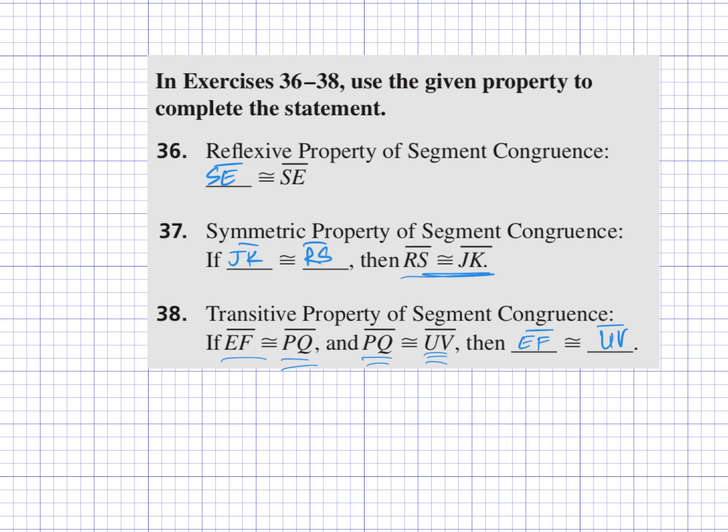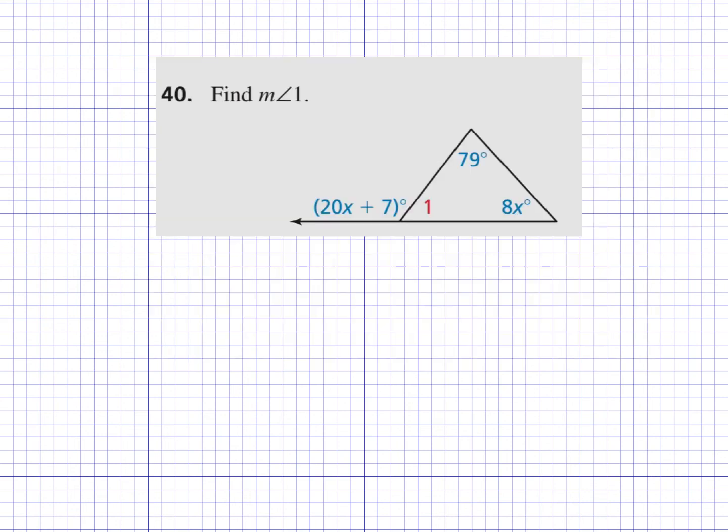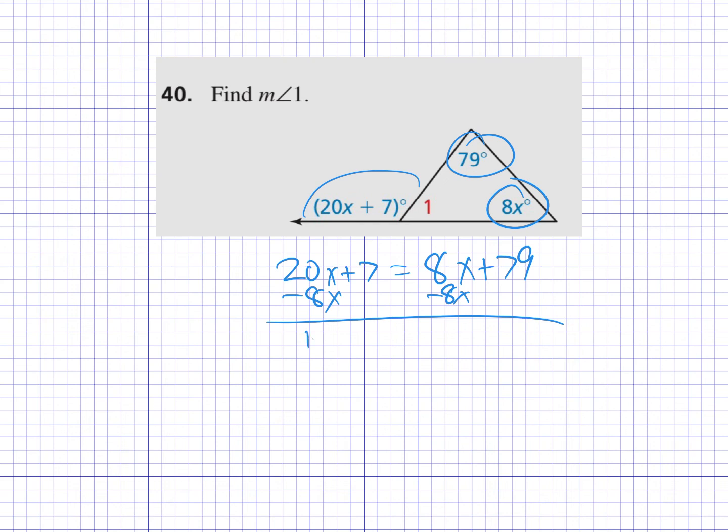Okay, good. And find the measure of angle 1. This is the exterior angles theorem. So the exterior angle equals the opposite two angles added together, 8x plus 79. All right, so subtract 8x, and you get 12x plus 7 equals 79. Subtract 7, and 12x is equal to 72.